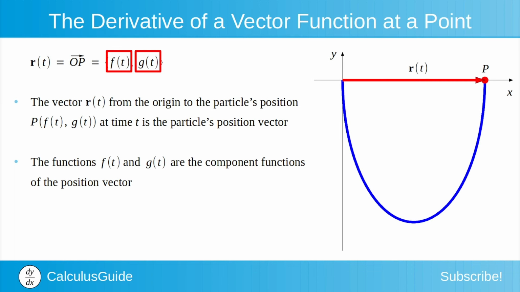We can also express the position vector at time t as f of t i plus g of t j for a given time t. This expresses the position vector as a linear combination of standard unit vectors i and j.